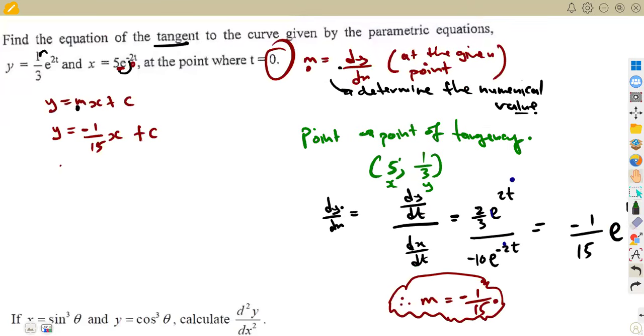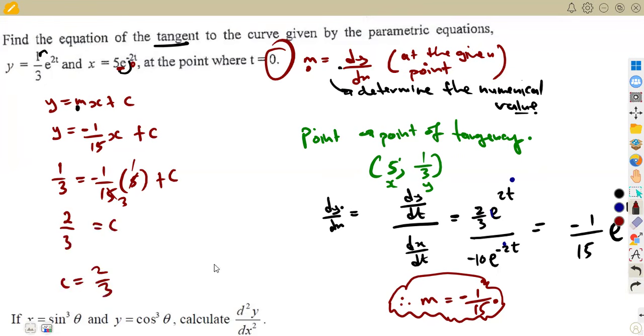So meaning to say we are going to substitute the y value, which is a third. So that's a third is equal to minus 1 over 15 times the x value, which is 5, plus c. So if you cancel this, that will be negative 1 over 3. Take it to that side. So you're going to add 1 over 3 plus 1 over 3, and that will give us 2 over 6, since the denominators are the same. So 2 over 6, I mean, not 2 over 6, but 2 over 3. 2 over 3 is equal to c.